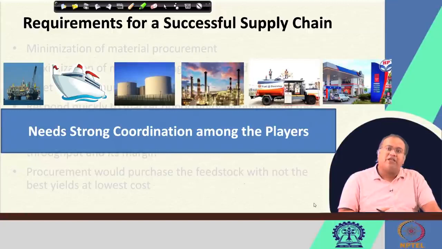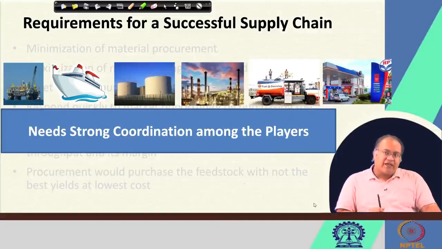So the question comes: who is going to establish this coordination? Because the basic or fundamental structure of this entire supply chain is that I have different organizations and each organization tries to maximize their profit margin.